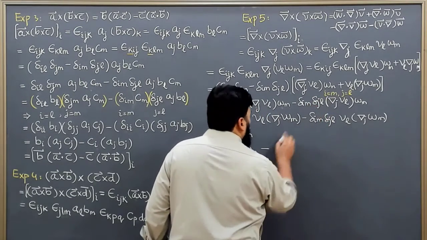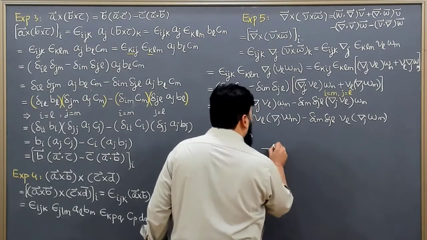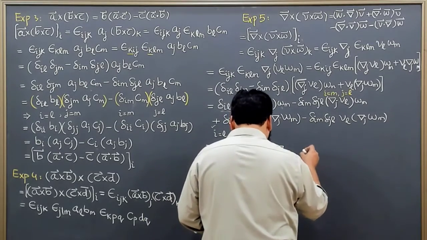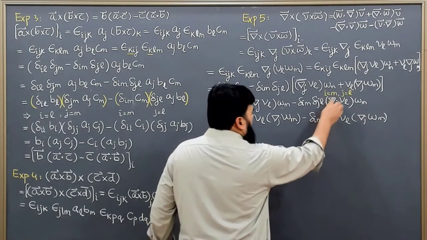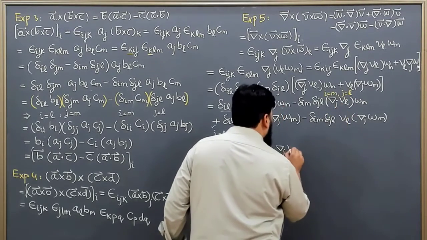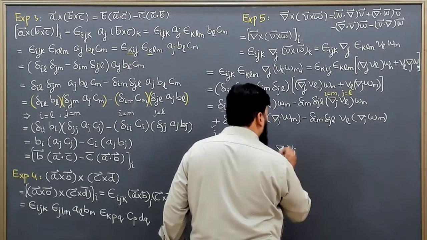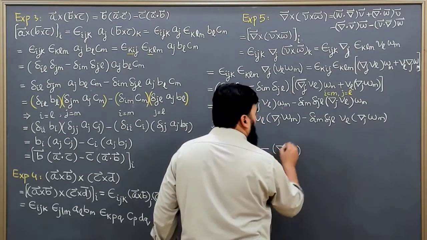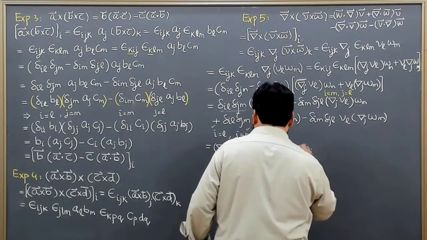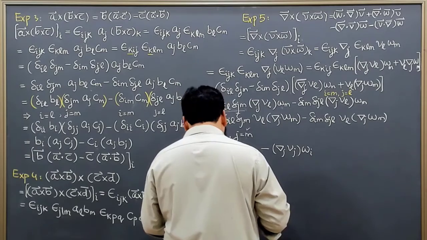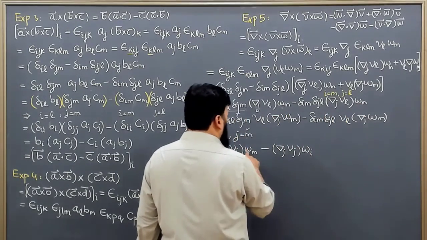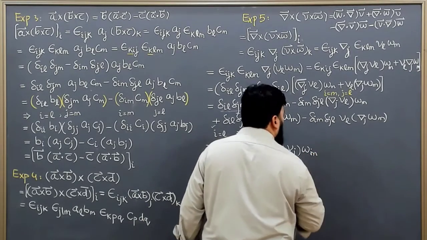So this is delta_II, these are equal to 1, and now I will have minus del, and I will keep the J here for L, del_J V_L, so it will become V_J, and in the direction of W, and I will keep the M here because here I have kept the M.